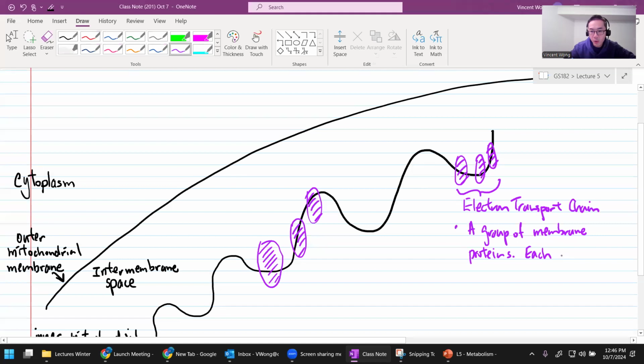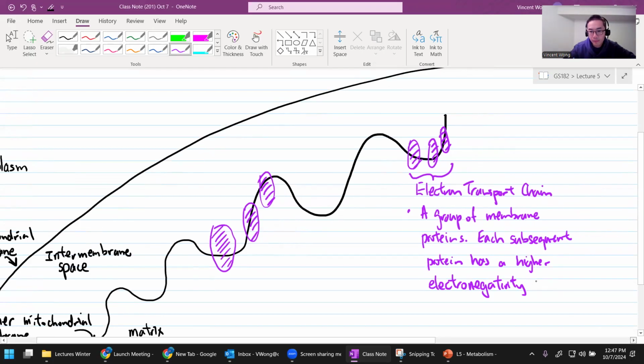Each subsequent protein has a higher electronegativity, which means attraction for electrons.